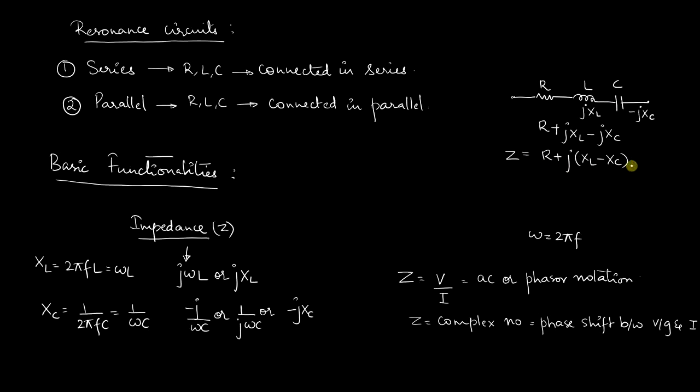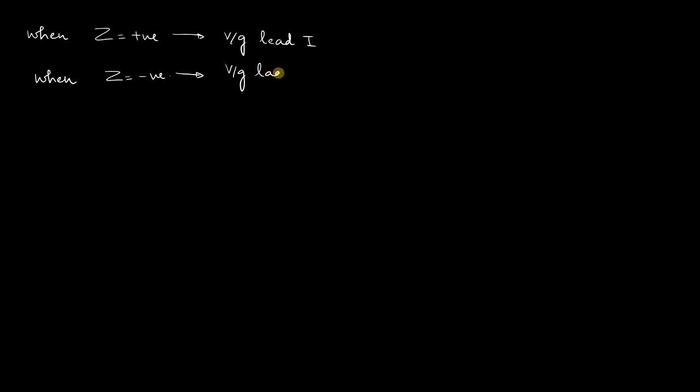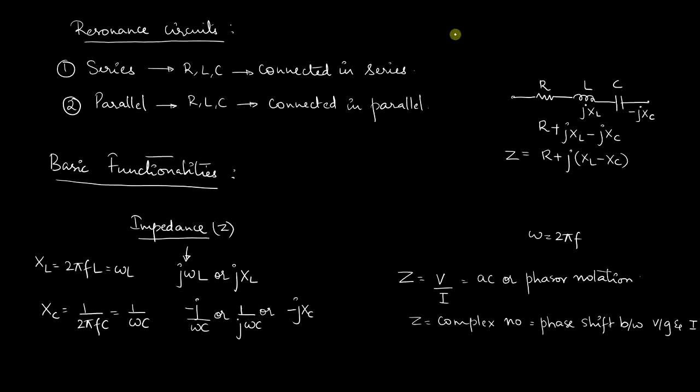Now the value of this complex number Z, that is your impedance, can be a positive or a negative value. When Z is positive, the voltage will lead the current, and when Z is negative, voltage will lag the current. That is because if you look at this impedance equation, it is R plus jX, considering X to be equal to XL minus XC.